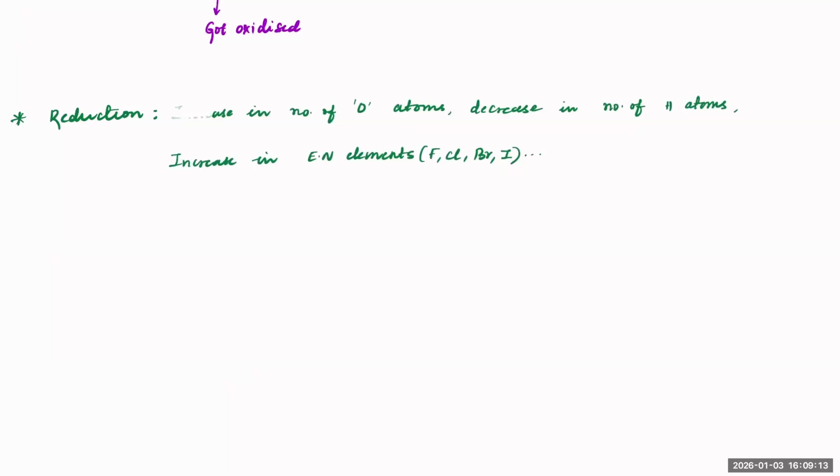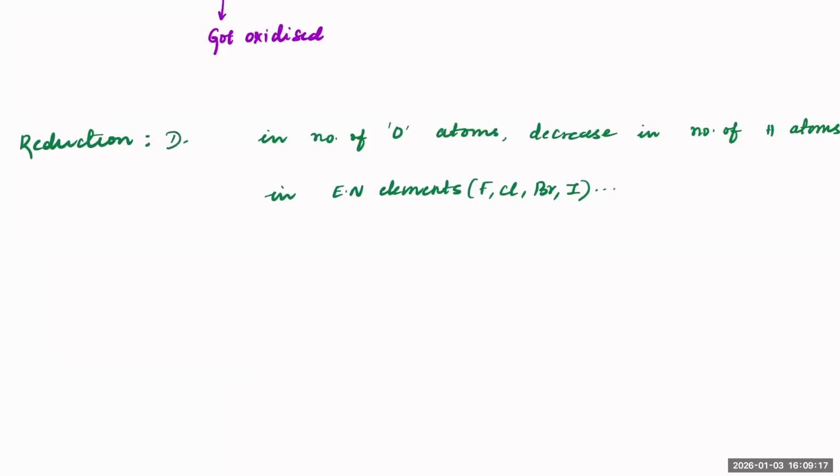So instead of increase, this is about decrease, and here it is increase, here it is decrease as well. While the main point of reduction is gain of electrons.